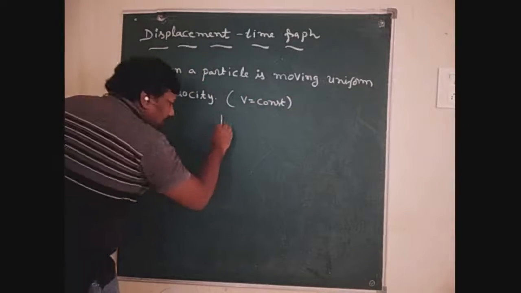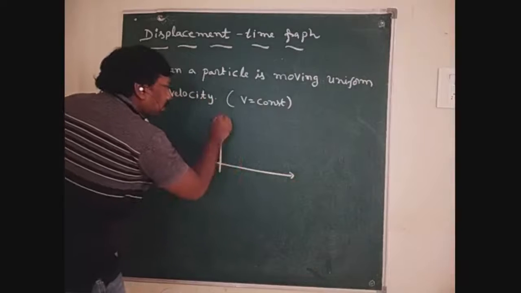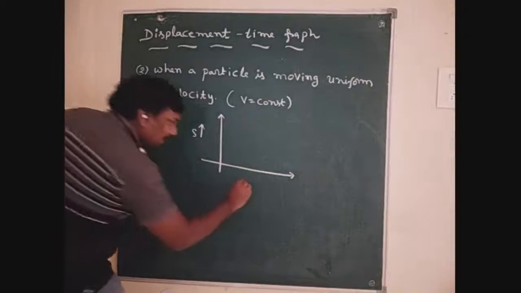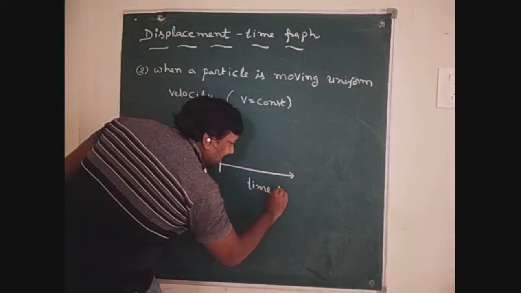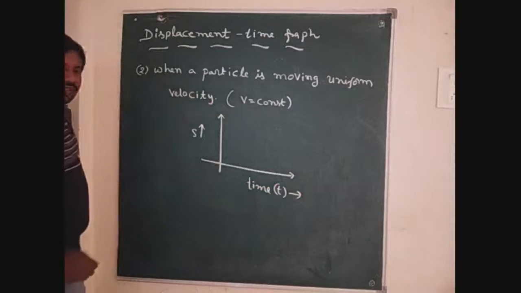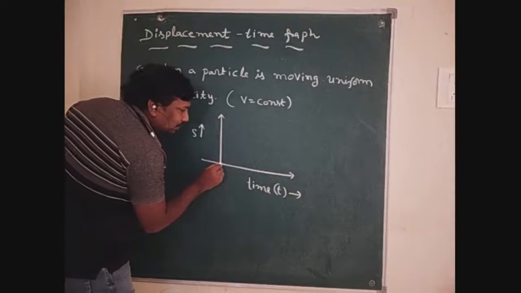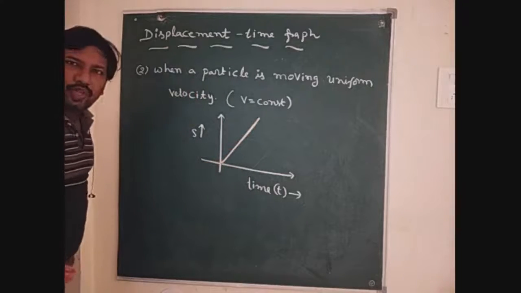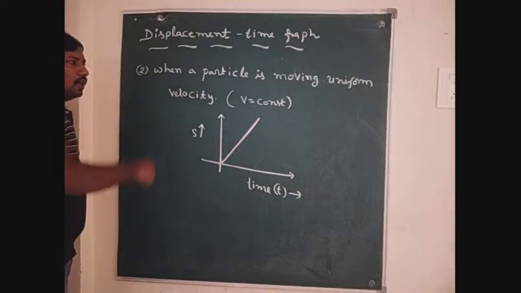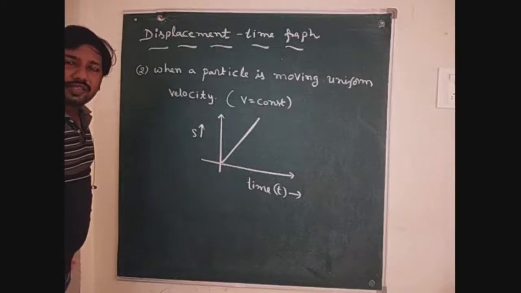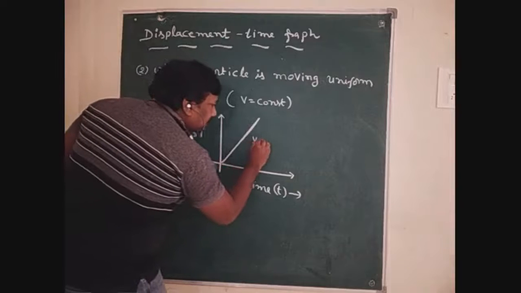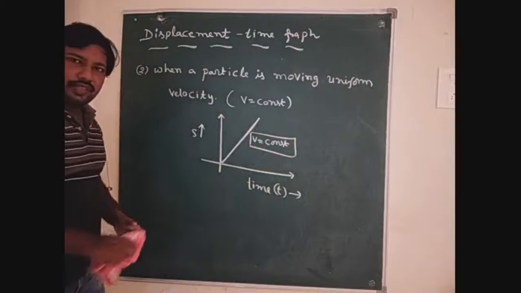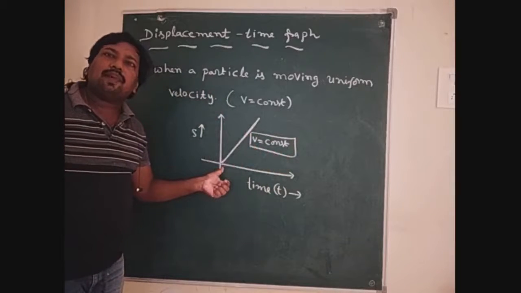In the displacement time graph, with displacement along the y-axis and time along the x-axis, the graph is a straight line passing through the origin. So here the velocity is constant. In this case, the body is starting from the rest position.